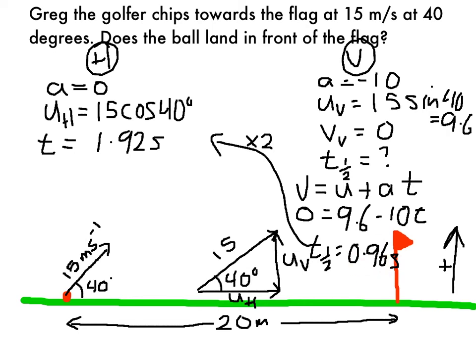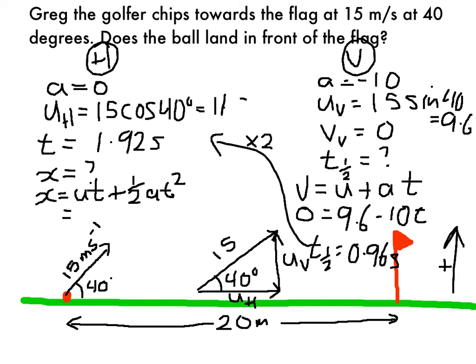And so now we can go ahead and solve for x, which is our unknown, how far the ball travels, the ball's horizontal displacement. We'll use x equals ut plus 1/2 at squared, and happily for us, because acceleration is 0, this term goes to 0, and so all we get is x equals 15 cos 40, which is 11.5, times 1.92.